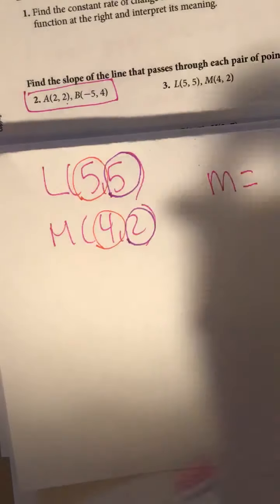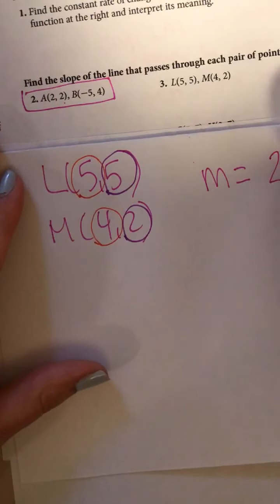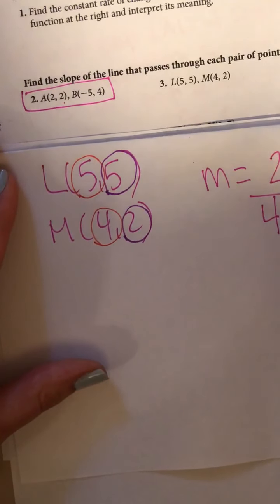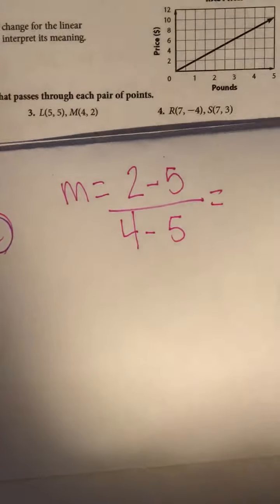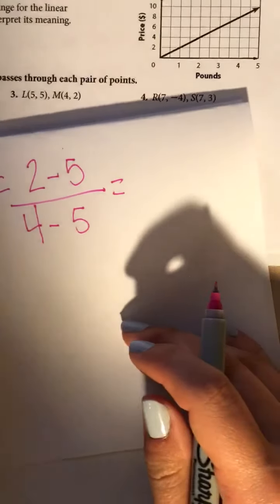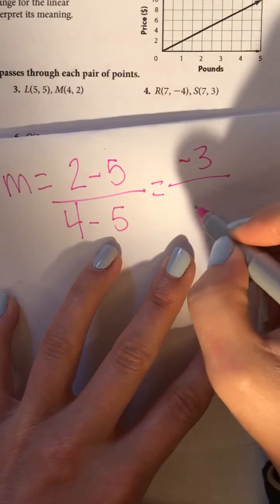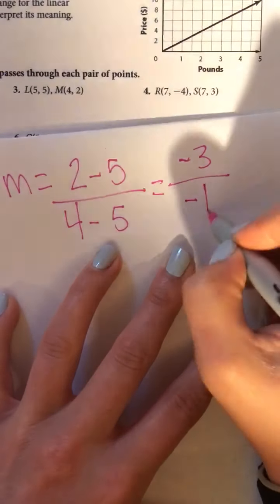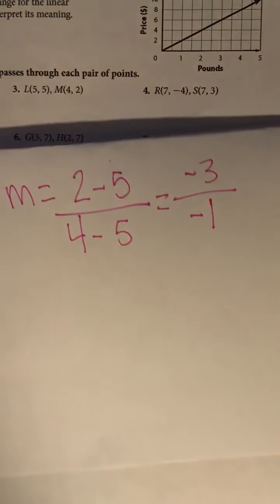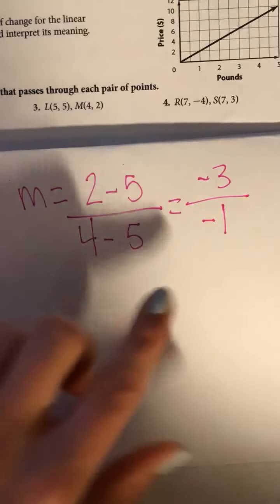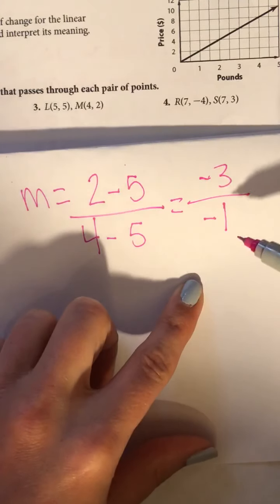So now let's solve. I'm going to do y2 minus y1, and x2 minus x1. So now, let's see. 2 minus 5 equals -3, and 4 minus 5 equals -1. And now if I look at this, there is something that I can simplify, right? -3 and -1.